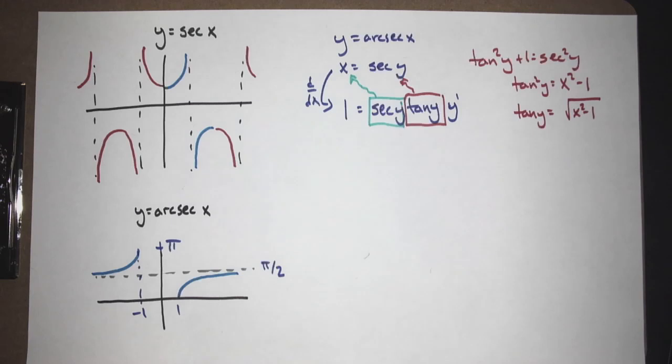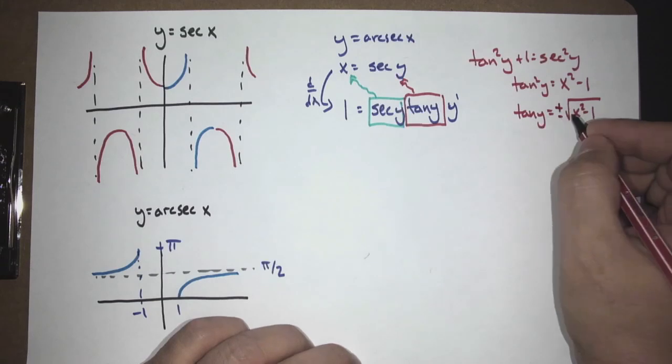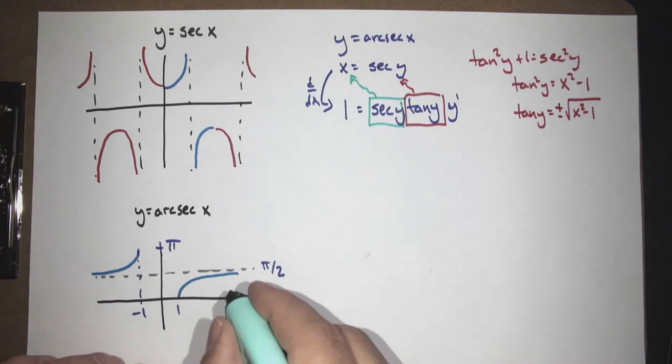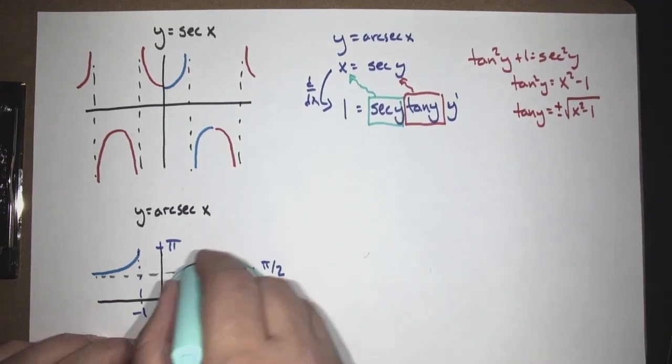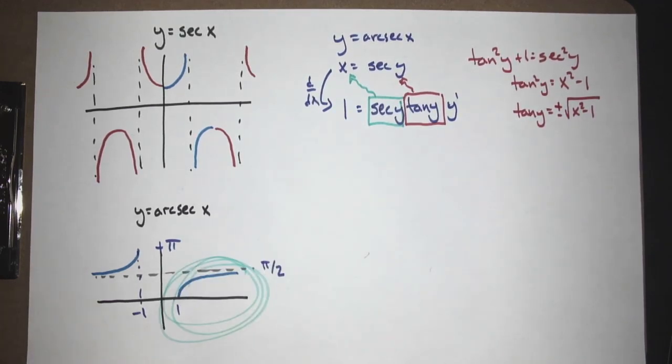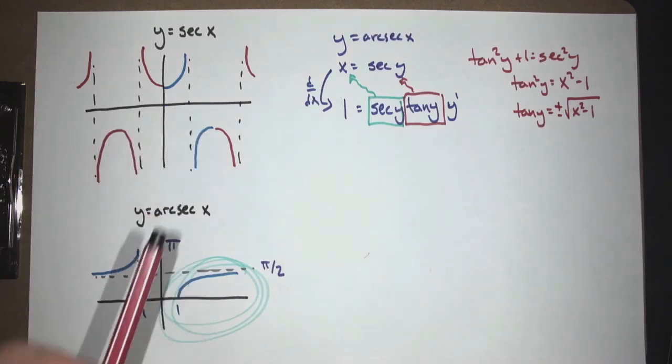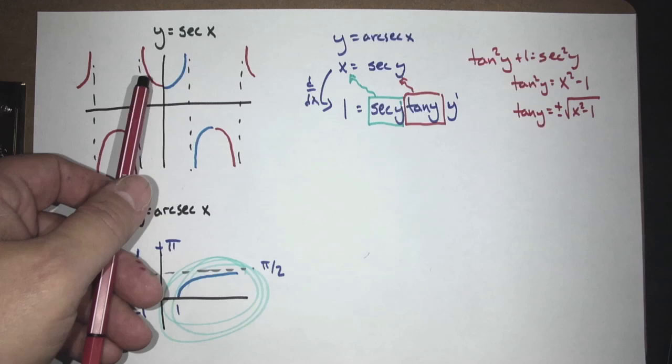Now we get into the part. Here's the part. Technically this is a plus or minus, and I'm going to talk about what happens. So I'll write down the formula and explain what's going on. For now, if we focus on just this branch, then we're in the range between 0 to pi halves for the secant function.